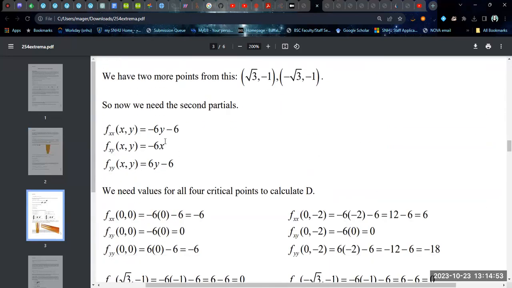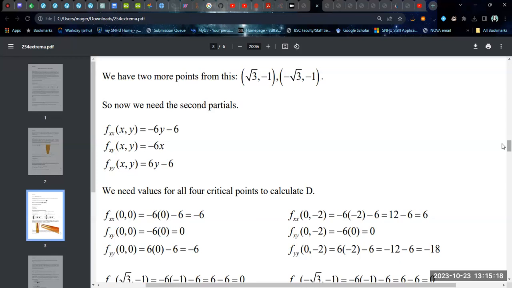So these are my three second partials, one variable, and then the mixed partial. Now, remember that our formula for the D-test is fxx times fyy minus fxy squared. So fxx, fyy minus fxy squared.